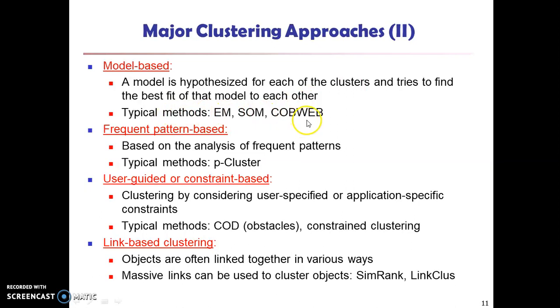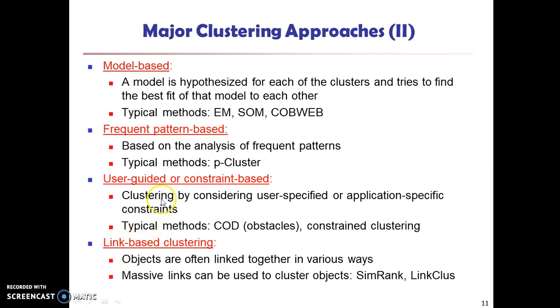There are some methods given over here. And frequent pattern based is nothing but based on the analysis of frequent patterns. So how are we going to cluster? We have different approaches. Frequent pattern based is one of the clustering approaches. Based on the frequent patterns, the data points will be clustered.